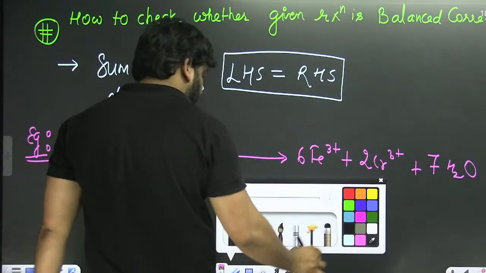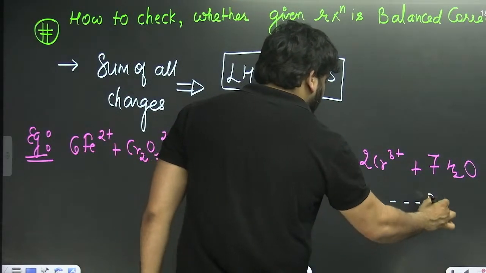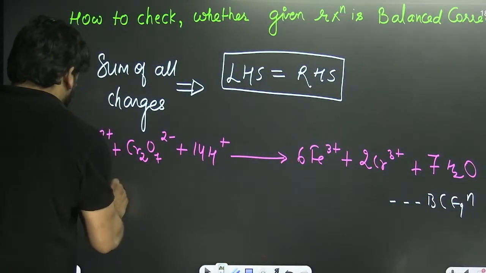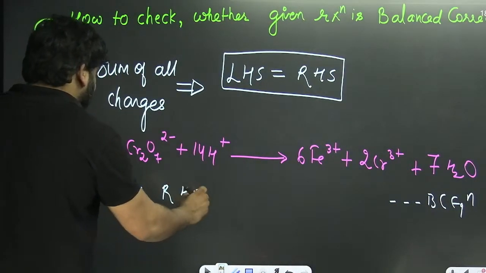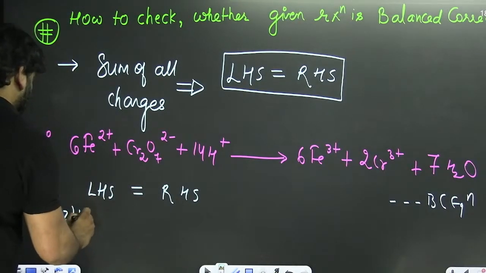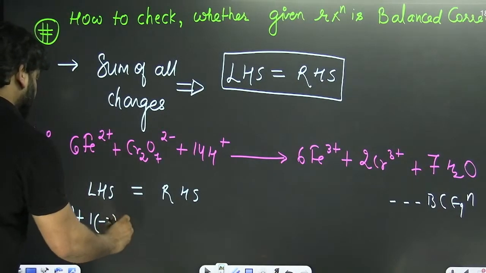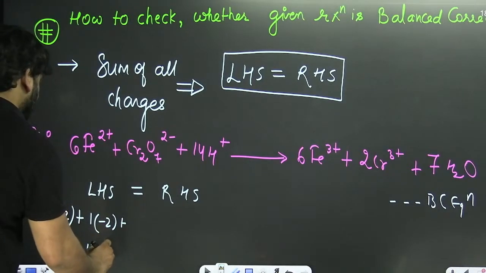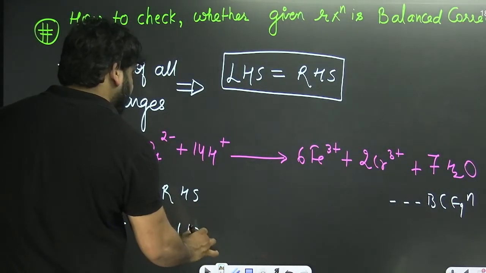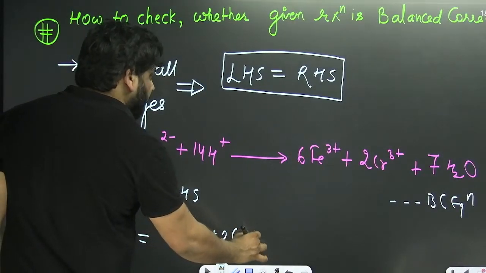So guys, this is the balanced chemical equation we did. Now take LHS must equal RHS, total charge. So how much is LHS? 6 into +2 plus 1 into -2 plus 14 into +1 must equal RHS: 6 into +3 plus 2 into +3.